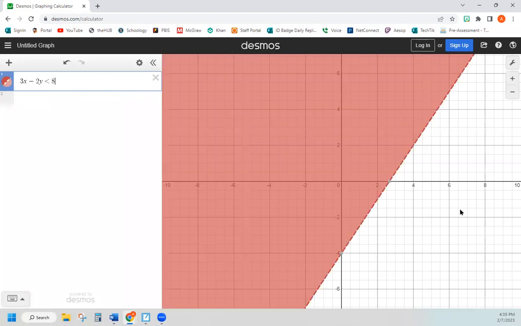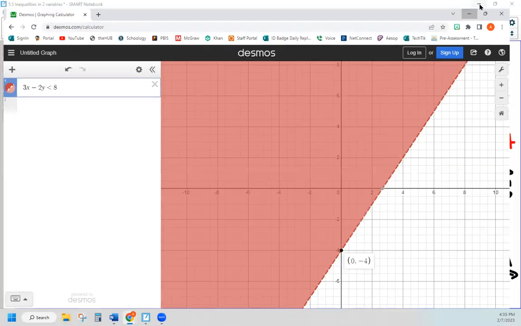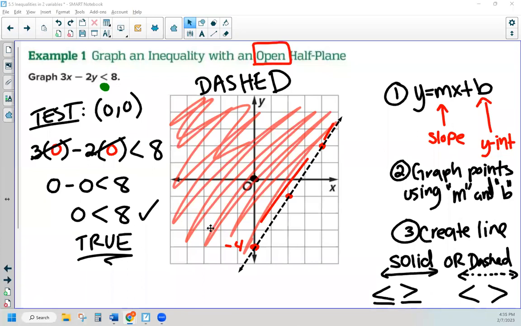And here we have it. We have the y-intercept right here at 0, -4. And we have the dashed line here, right? And we have the shading above. Very simple idea. That is done.